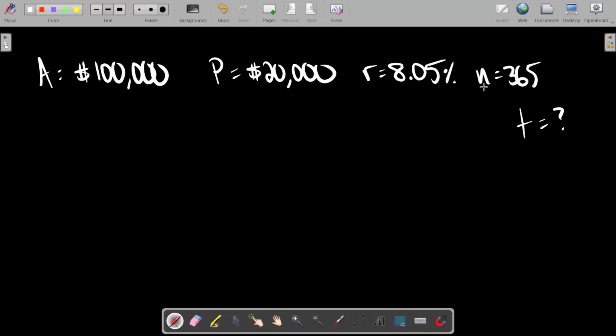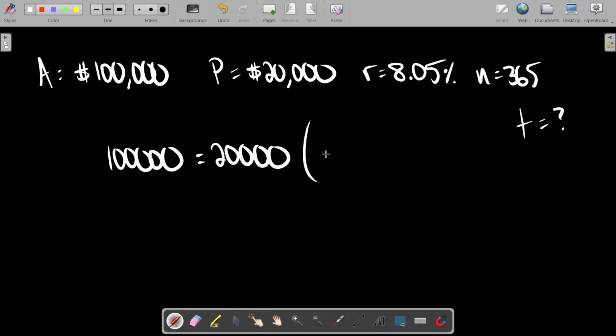Step one. Right, start writing the stuff down, right? So A equals P times 1 plus what?